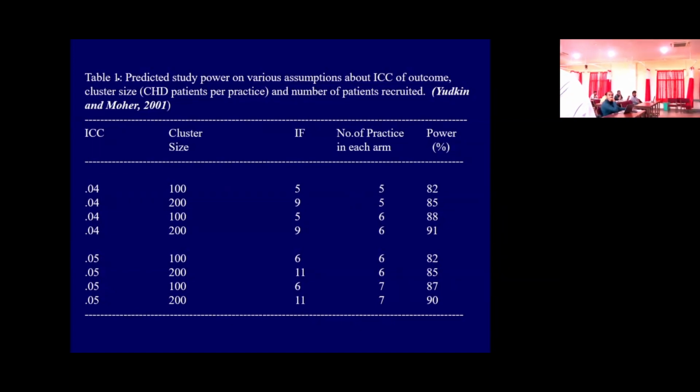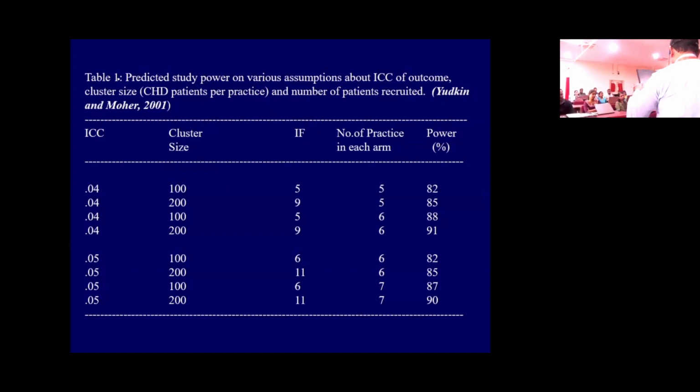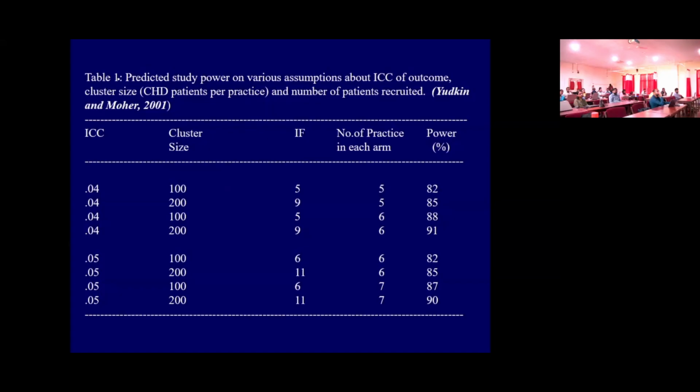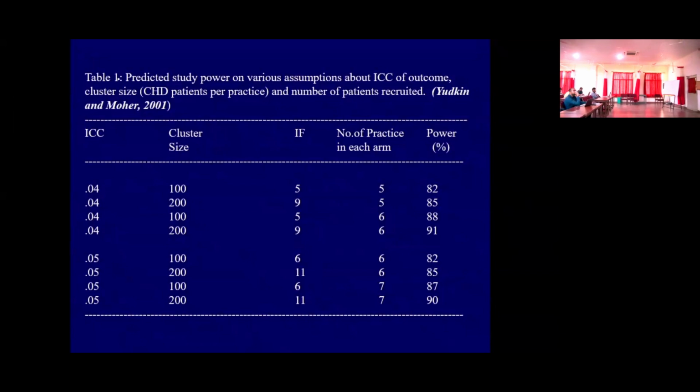So the question is, should I take 20 clusters, each with 50 children, so that you have 1,000 children? Option 1 is 20 clusters with 50 children in each cluster, or 50 clusters with 20 children in each cluster. Which one do you prefer?